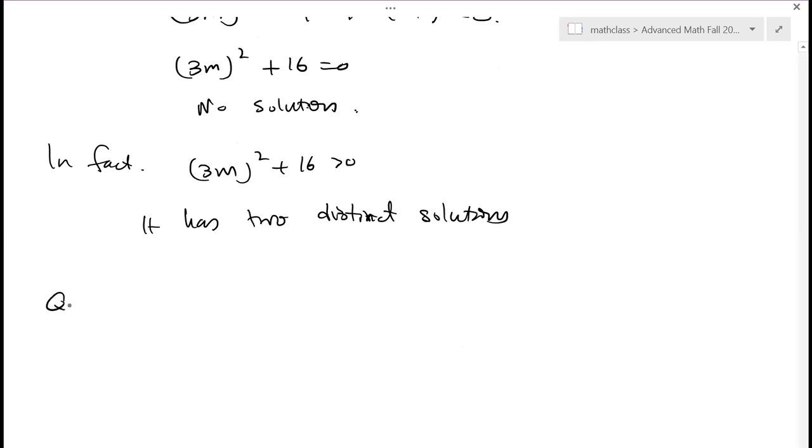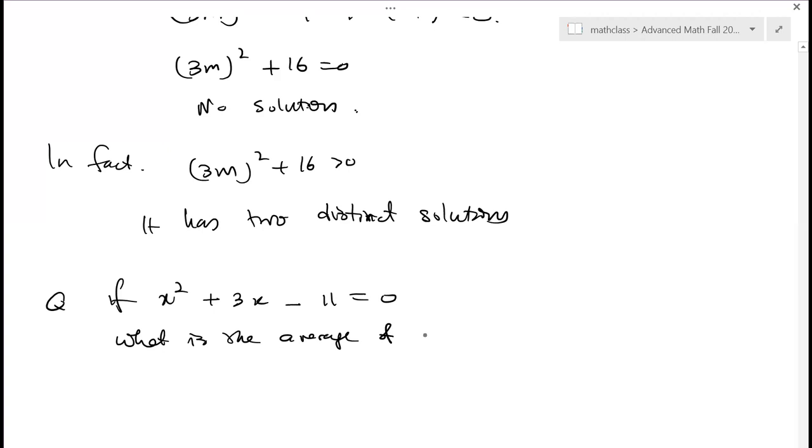Okay. Here's the question. If x squared plus 3x minus 11 equals 0, okay, what is the average value of the two real roots?